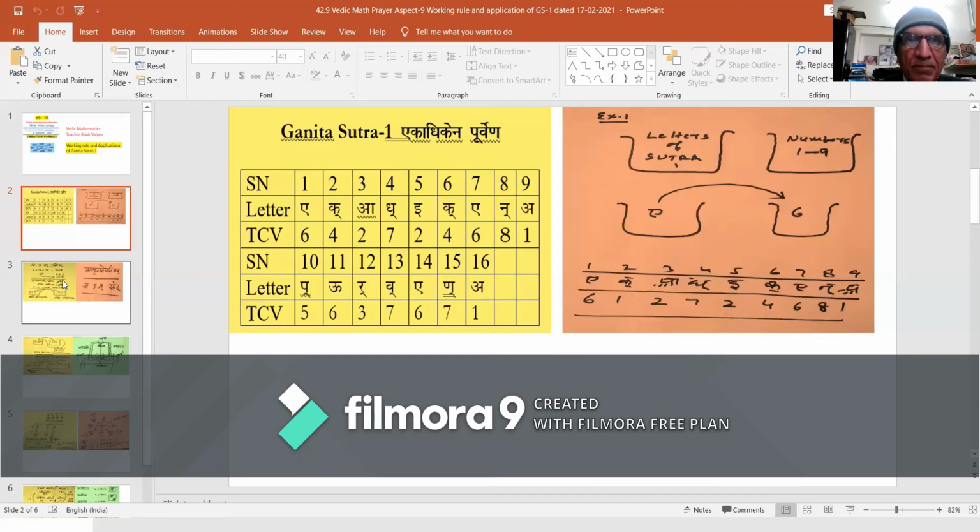Now, by repeated application 16 times, we will be having complete association for all the letters of the first beaker with the numbers of the second beaker.